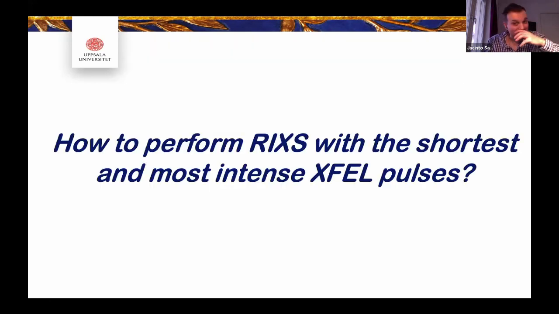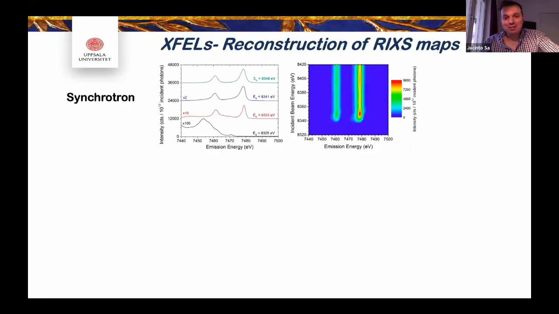But of course, that led us to the question, how on earth are we going to do this at the free electron laser? Now, for some of you that have never done RIXS, the most common way to do it is, you have either a dispersive spectrometer, and then you scan the beam, and then basically you collect the spectra at every energy and you build the map, or you have a Johann-type spectrometer and you do basically the same thing, but then you also have to scan the crystal.